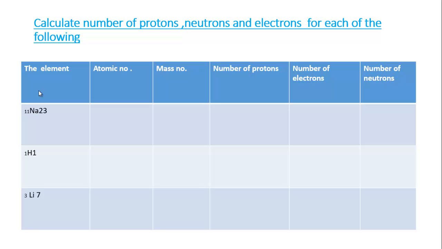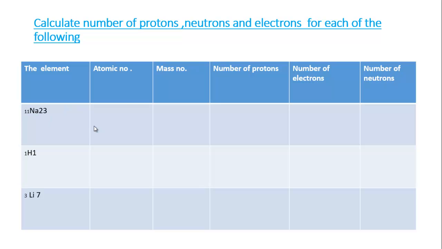If we have an element such as sodium, sodium has two numbers. One of them is written below the element, which is called the atomic number. As you see, 11 is the atomic number. What about 23? 23 is the mass number.